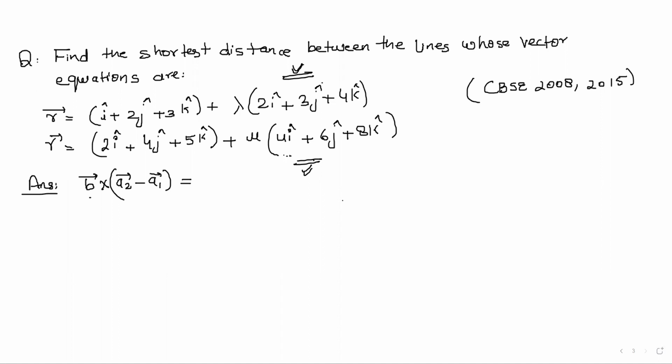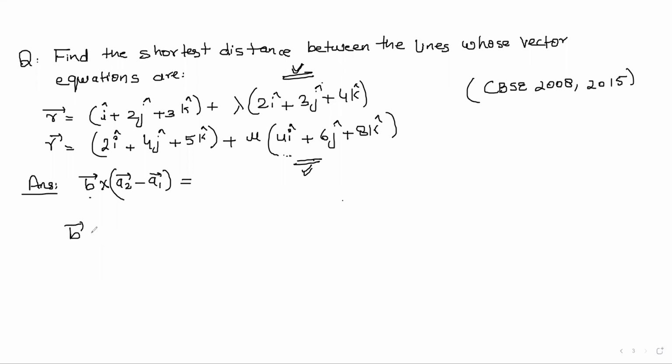Sir, B cross A2 minus A1, I'm getting minus 10I plus 4J plus K. It's not correct. You have taken B as 2, 3J, 4K. Okay, so let me show this to you. B cross A2 minus A1.